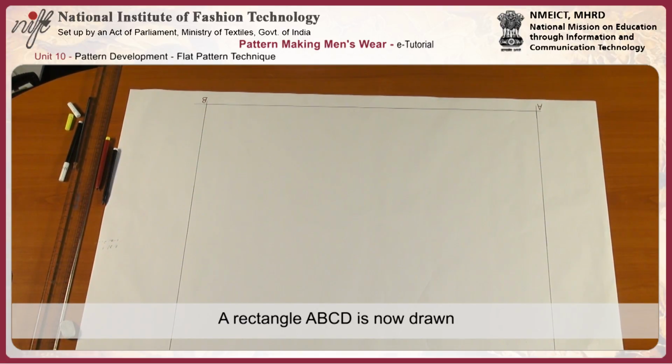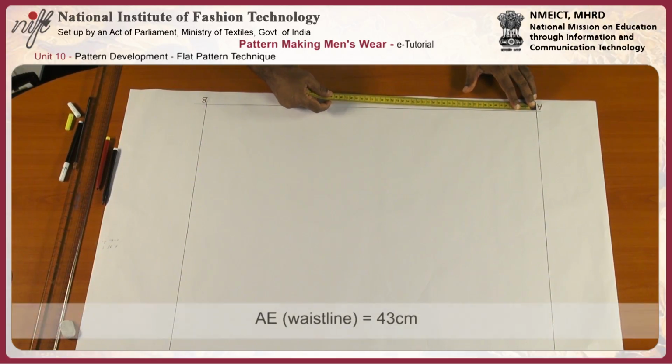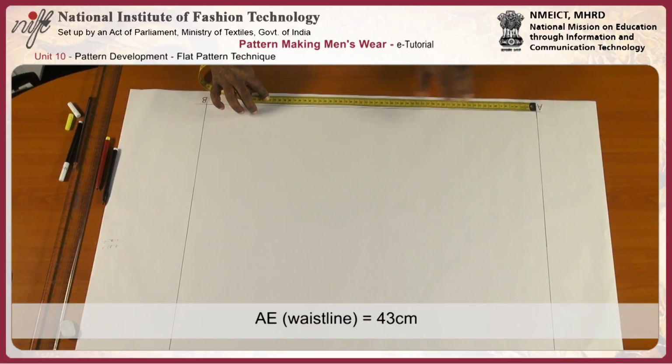Then A to E is 43 centimeter, which is the waistline.